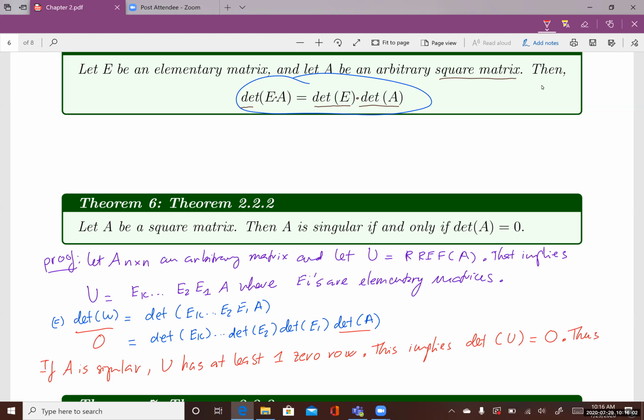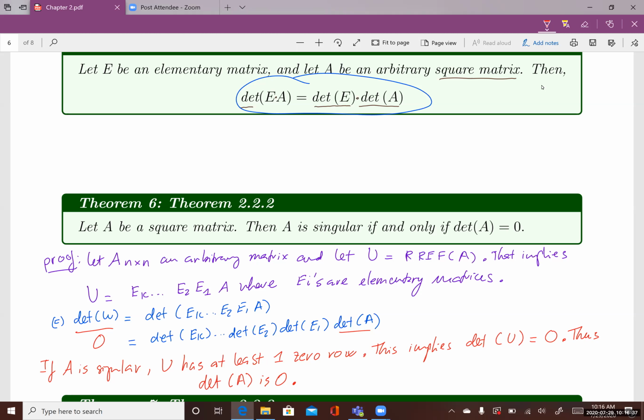Thus, the determinant of A is 0. And if A is non-singular, then the determinant of U should be not 0, and thus the determinant of A is not 0.